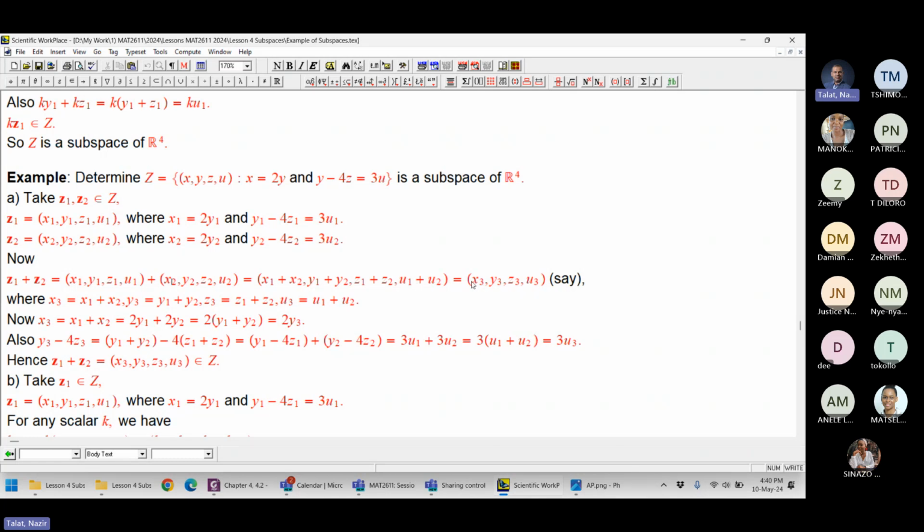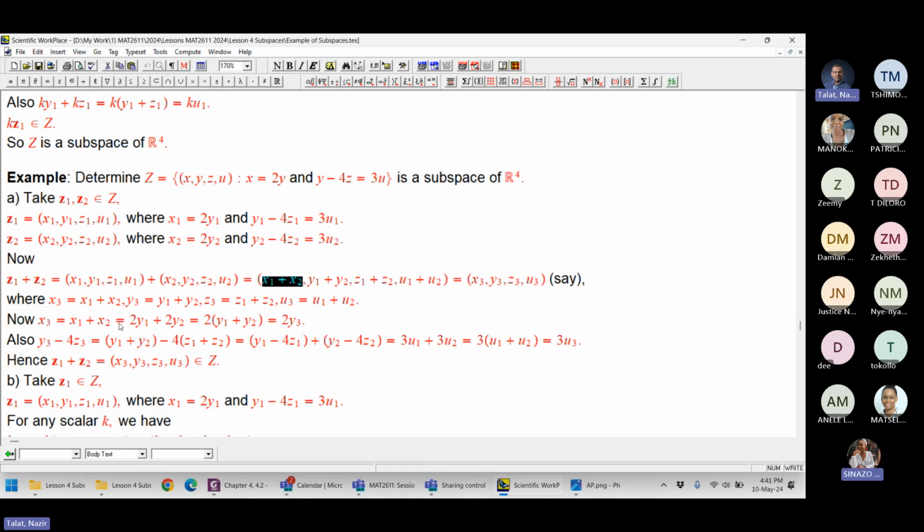Now let us check whether these elements also satisfy this relation or not, because if they do, then it means z1 plus z2 belongs to Z. Let us see what happens when we add x: does it satisfy x equals 2y or not? Remember that x3 is equal to x1 plus x2.